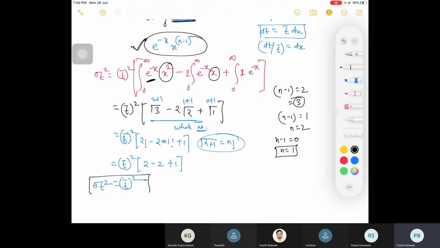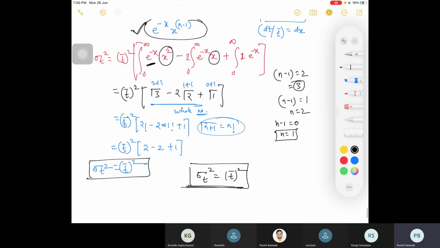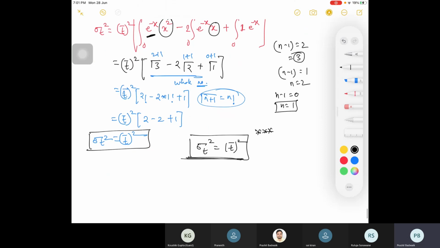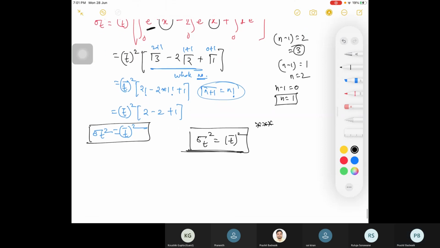Are you guys getting this? Sigma t square is equal to your t mean whole square. Rutuja, you just need to compare and calculate, okay? So this is an easier method compared to integration. So you can have this.